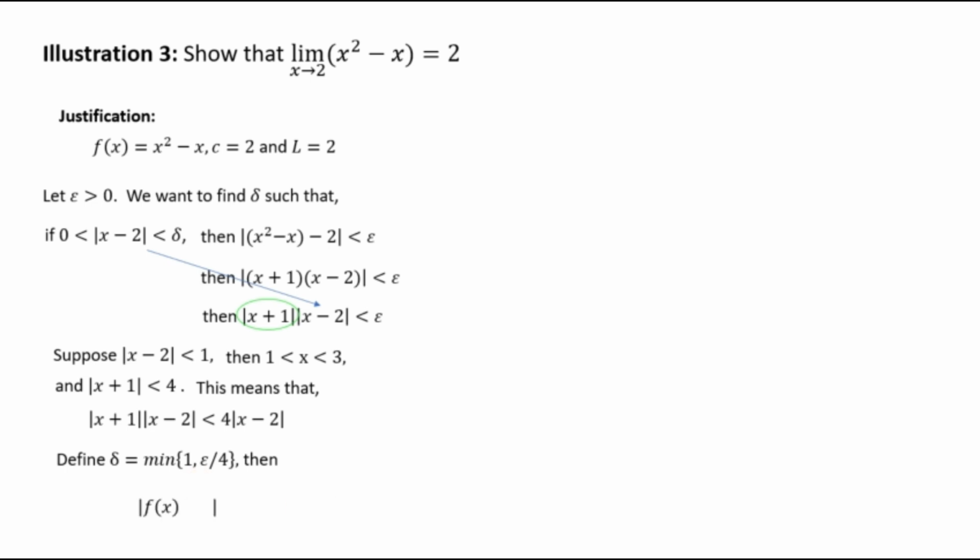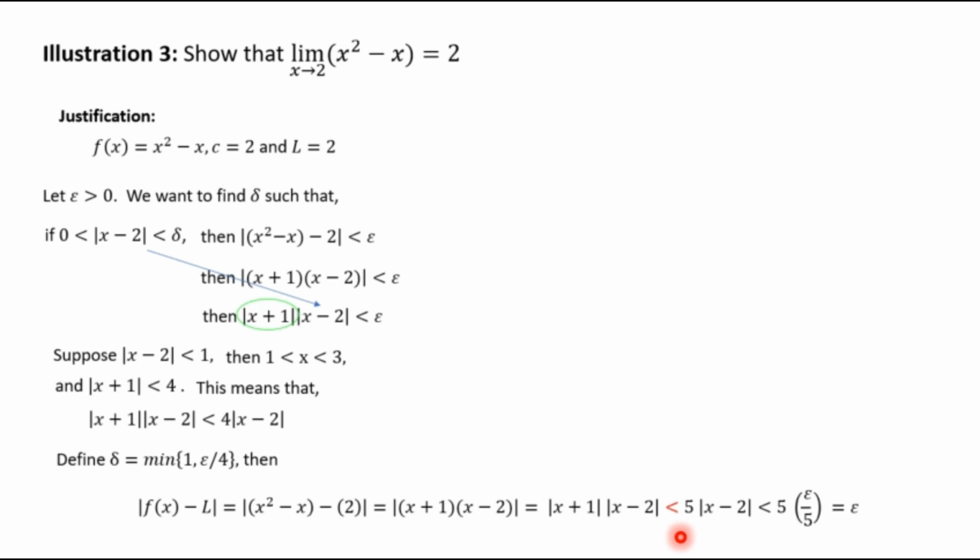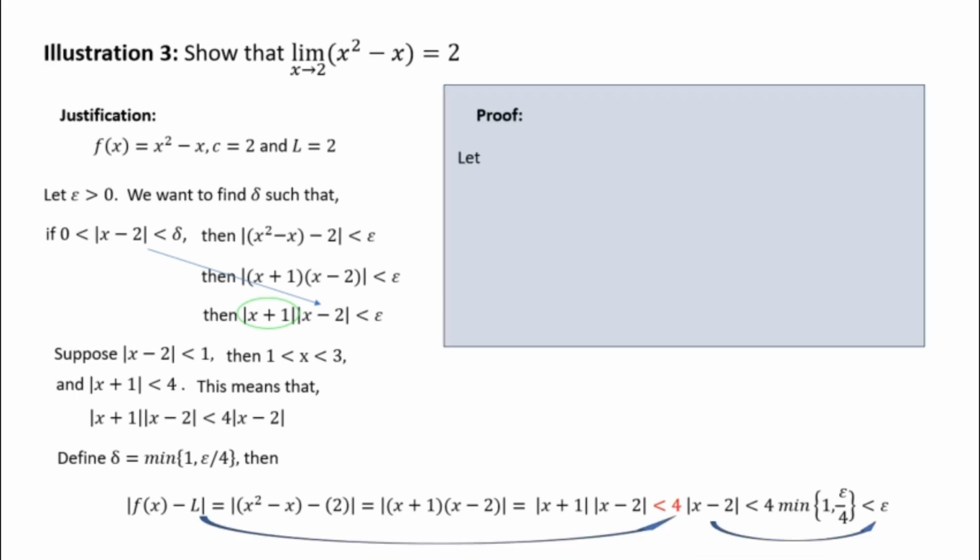So this ensures that the absolute value of f of x minus L is less than epsilon. The formal proof would look like this.